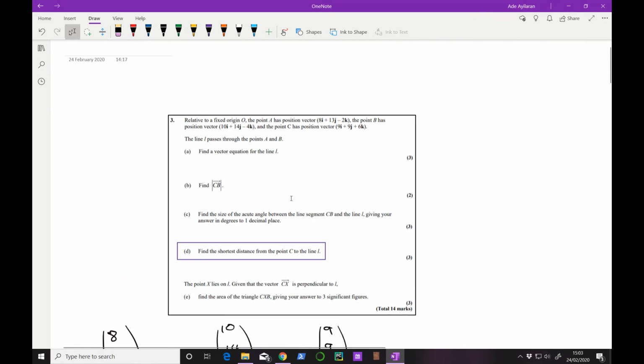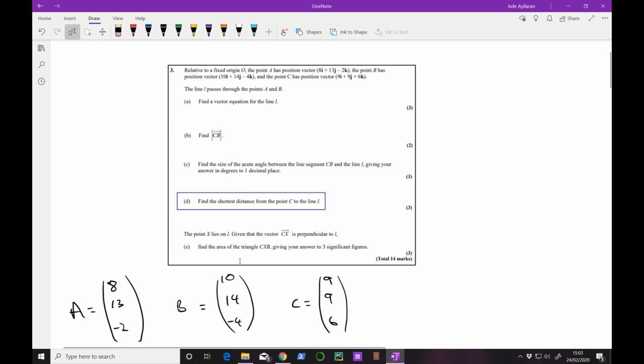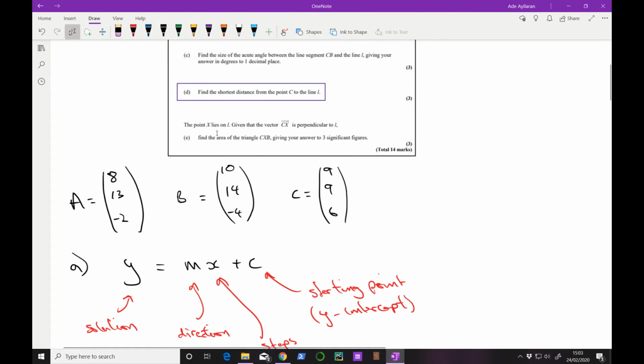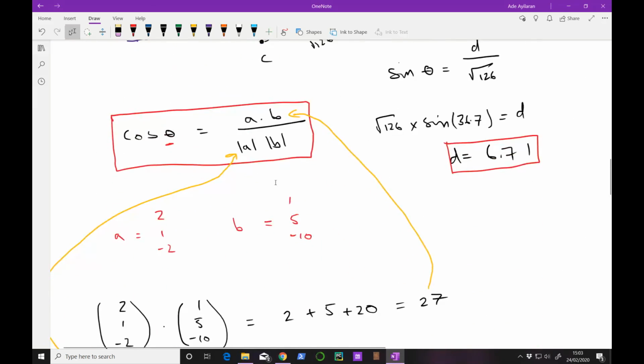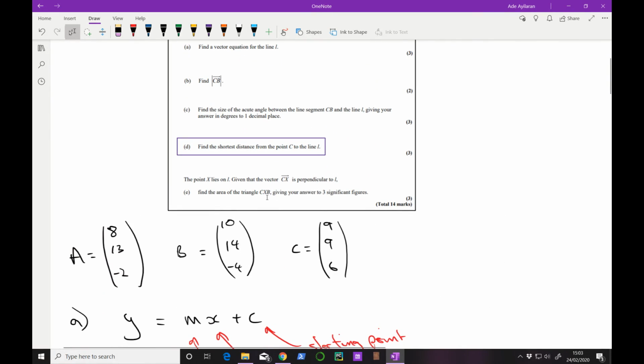I could if I wanted to, but I don't think there's a point because since we know part E says that the point X lies on L, given that CX is perpendicular to L, we already know this. I've just told you. And find the area of the triangle CXB.